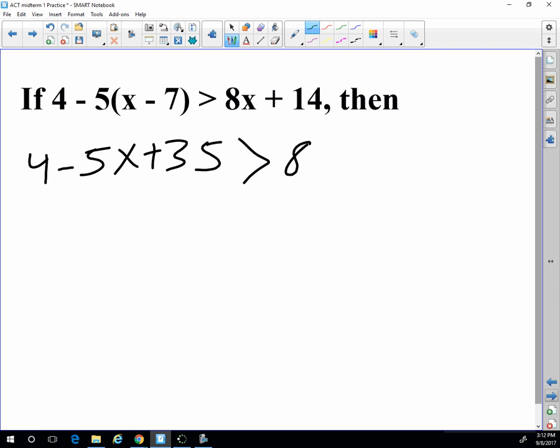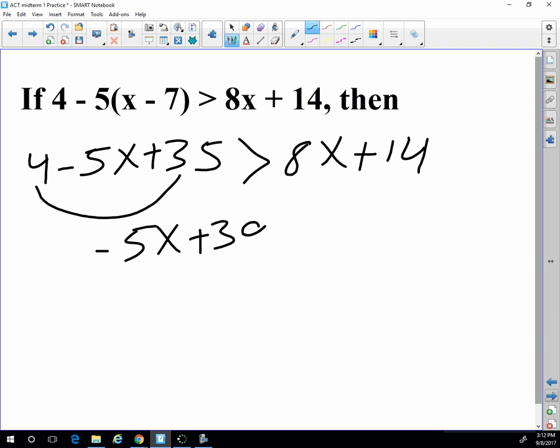That is greater than 8x plus 14. Now we want to put all of the x terms on one side or the other, and we also want to combine like terms. So I have 4 and 35, so here I have negative 5x plus 39 is greater than 8x plus 14.